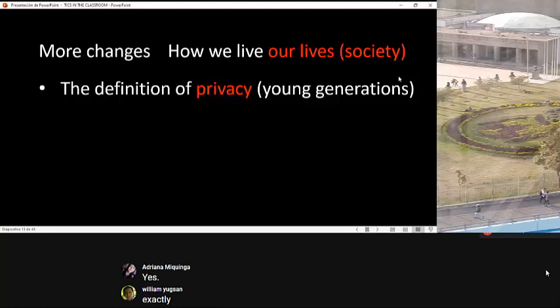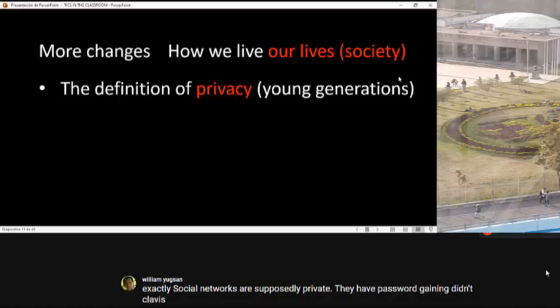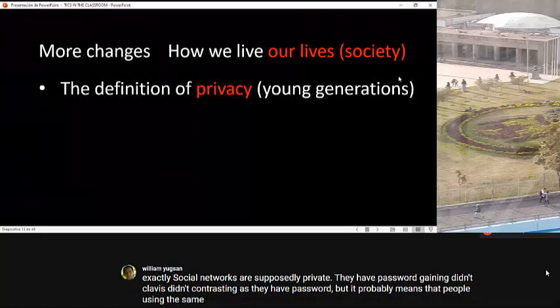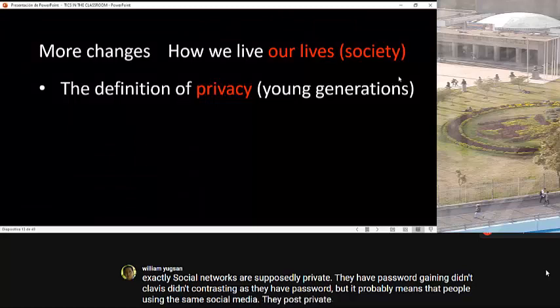So, social networks are supposedly private. They have passwords. Tienen claves, tienen contraseñas. But the problem is that people using the same social media post private things. So, where is the privacy? ¿Dónde está la privacidad?